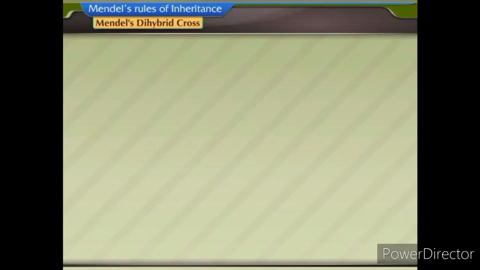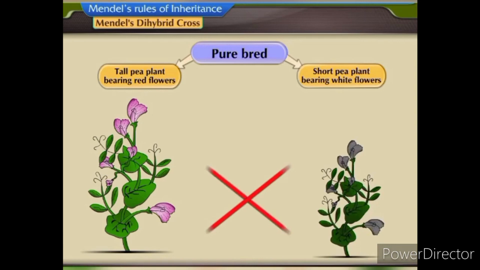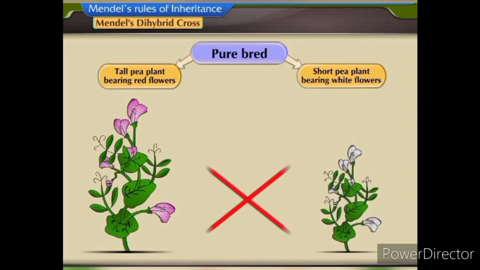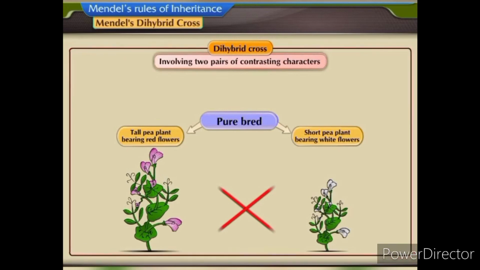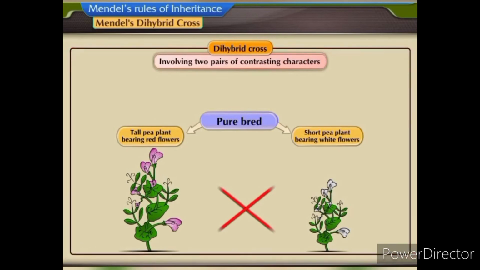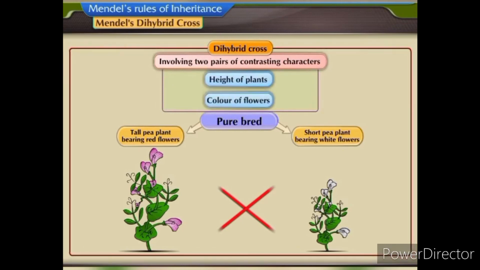Now, let us find out how much we have understood about a dihybrid cross by analyzing one more example of pea plants. Assume that a purebred tall pea plant bearing red flowers is cross-pollinated with a short pea plant bearing white flowers. The cross involves a dihybrid cross with 2 pairs of contrasting characters, namely the height of plants and the color of flowers.